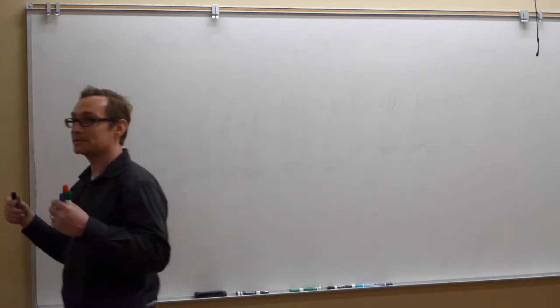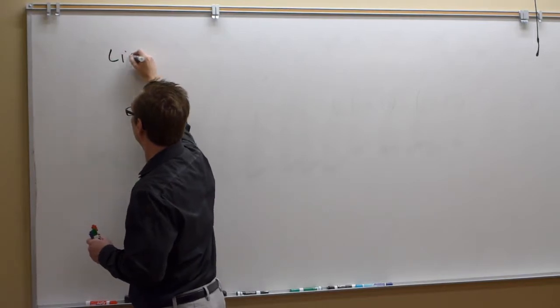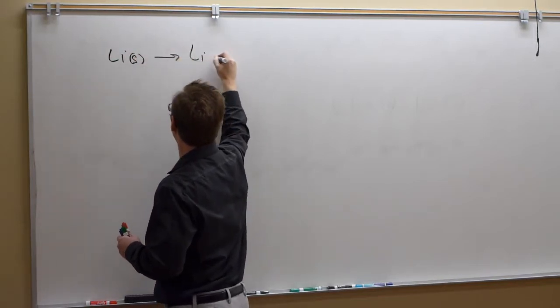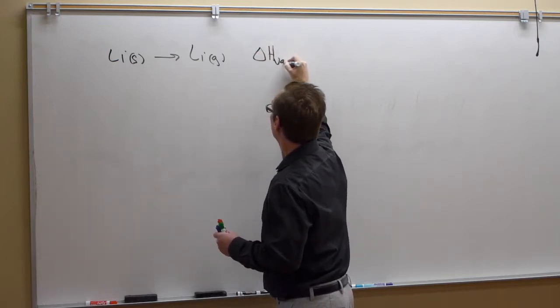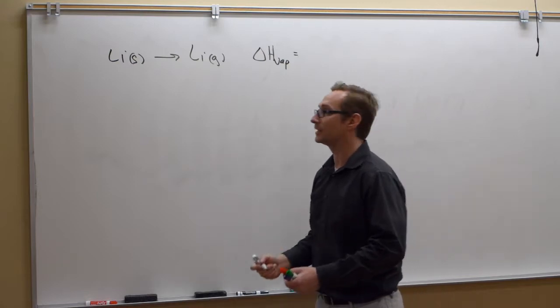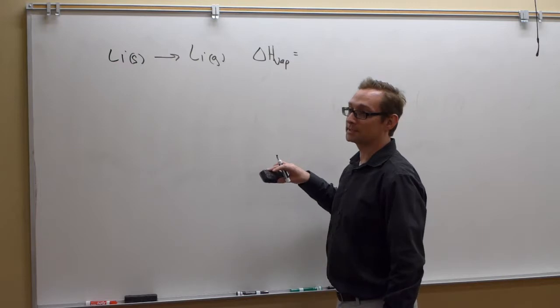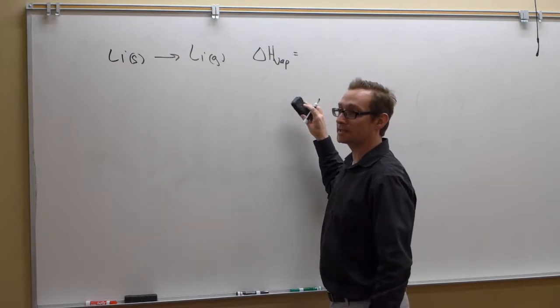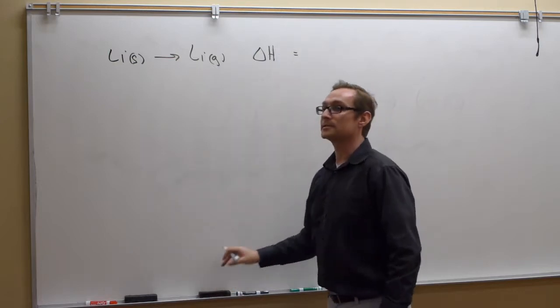It has to go from solid to gas, right? So there's going to be an enthalpy of vaporization for that, right? Actually, silly me, that's not vaporization. Going from solid to gas, what is that? Sublimation, right?